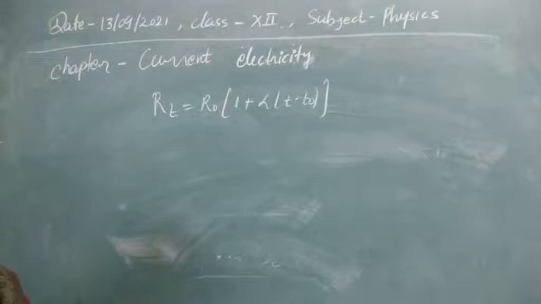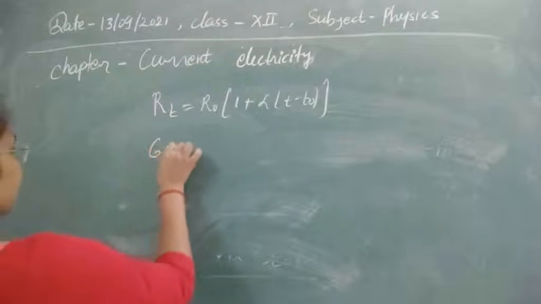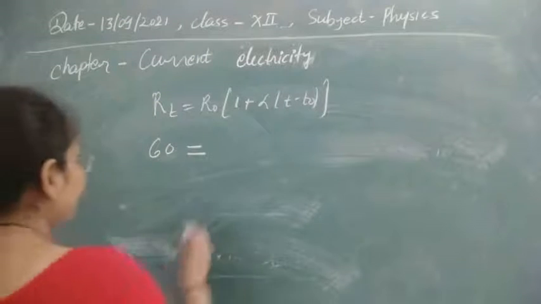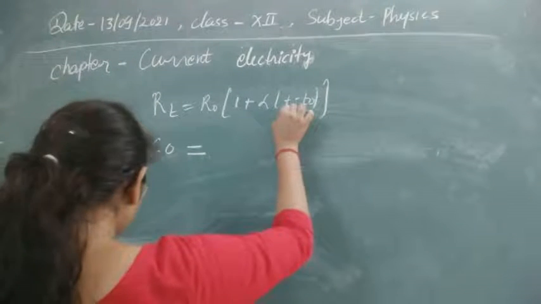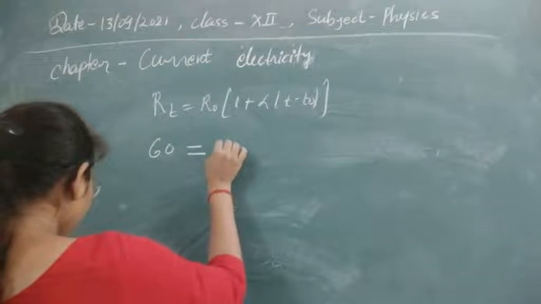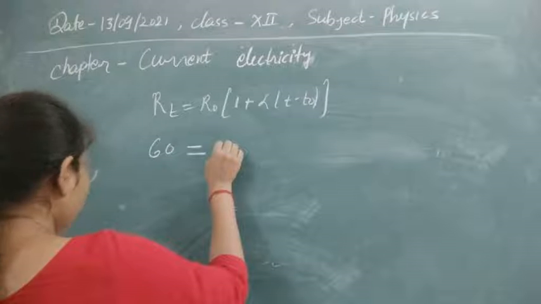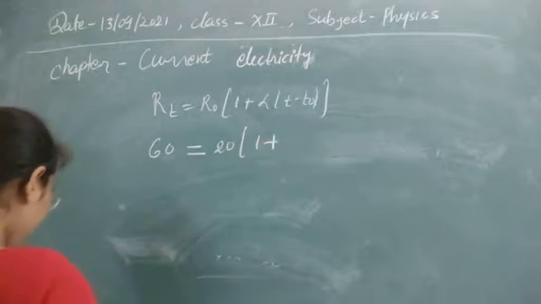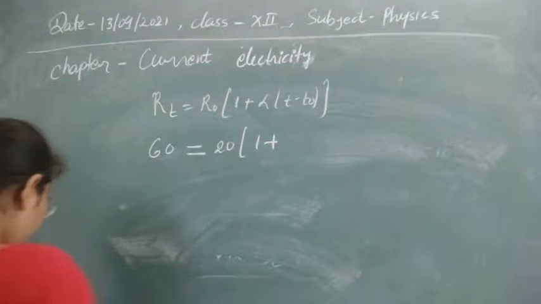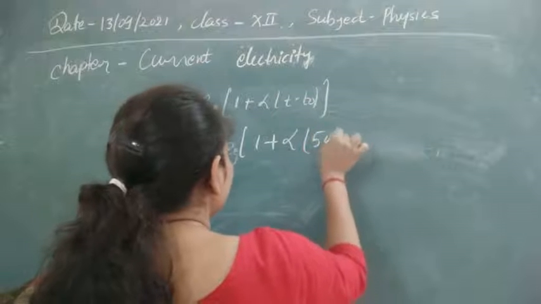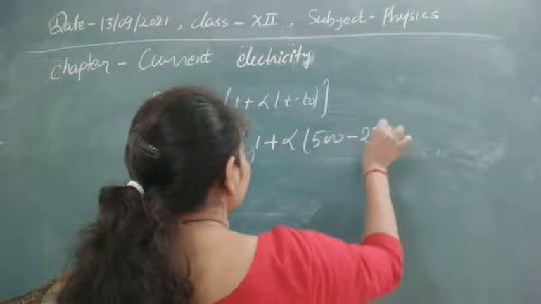So by substituting the values, RT is 60 ohm at temperature T, which has value 500 degrees Celsius, and R0 was the initial resistance, that is 20 ohms in our question. Now this will be 1 plus alpha, we don't know the value of alpha, so we write it as it is. T is 500 degrees Celsius, T0 is 20 degrees Celsius.